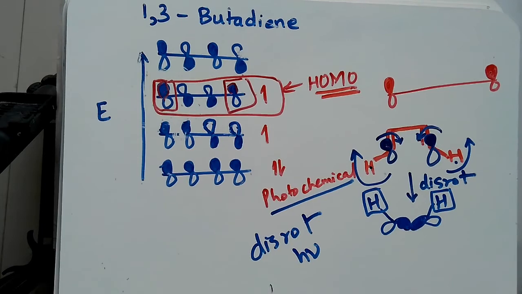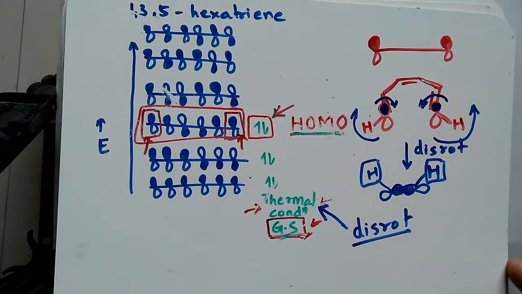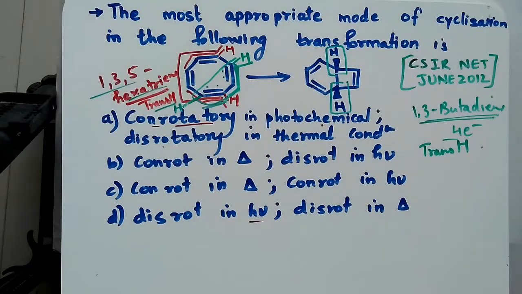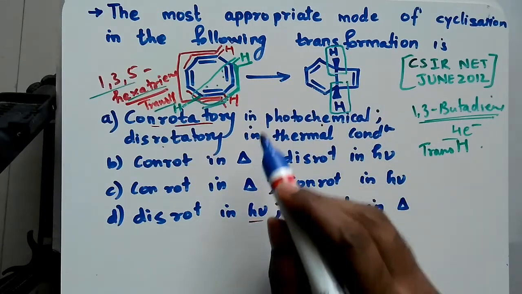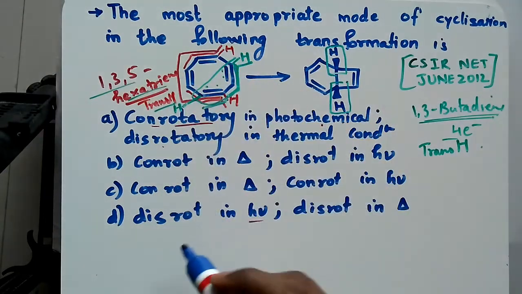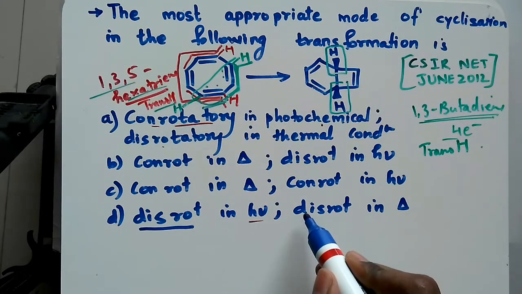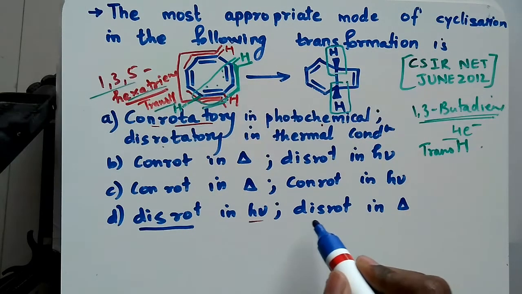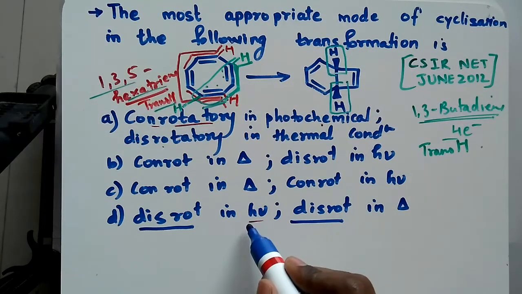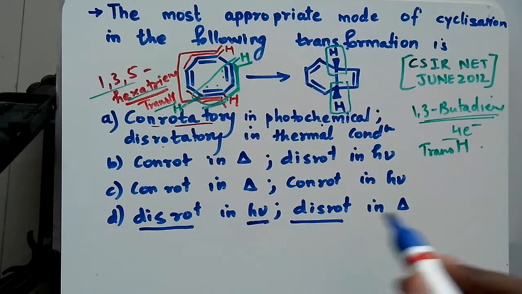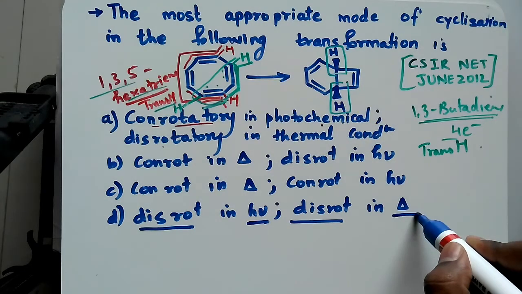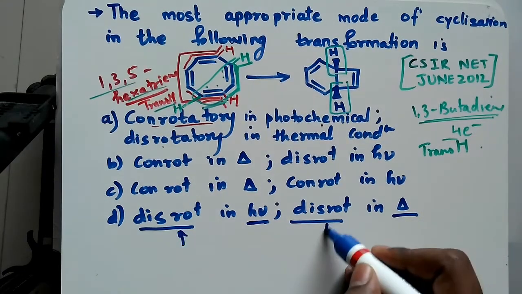Let us go back to our question. So in 1,3,5-hexatriene, it was dis-rotatory motion, and in 1,3-butadiene also it was dis-rotatory. Both the photochemical condition and thermal condition needed dis-rotatory motion.